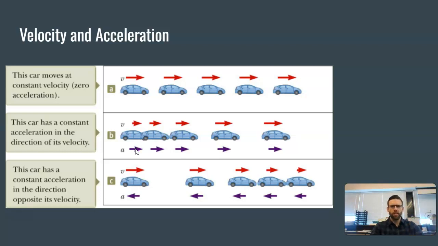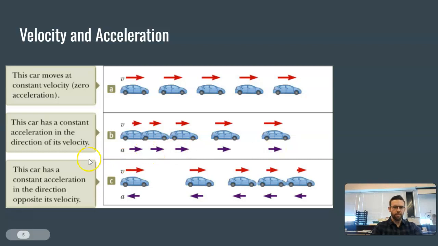And as they're accelerating, the velocity is going to get bigger and bigger and bigger. And as you can imagine, if the car is speeding up, they are going to cover a bigger and bigger distance. So the displacement that the car is covering every second is getting bigger and bigger. So the velocity is getting bigger because the car is accelerating.